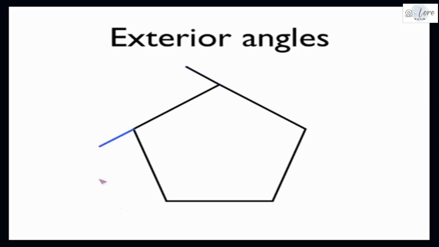The second exterior angle is with respect to the interior angle, then the third one, the fourth one, and the fifth one. This figure is called a pentagon. So a pentagon has 5 exterior angles, and it also has 5 interior angles.